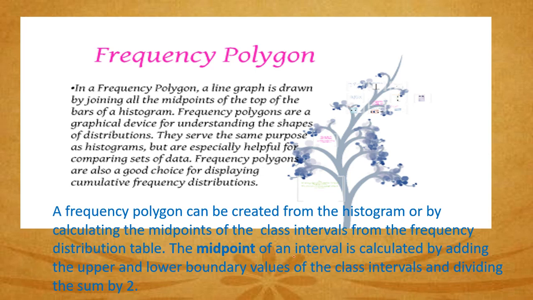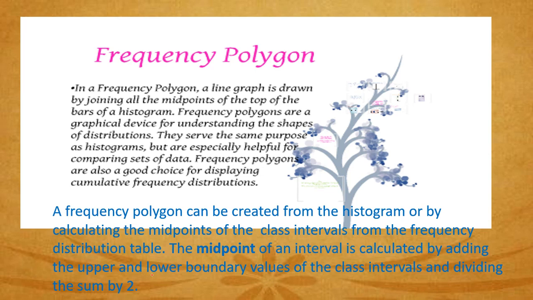The midpoint of an interval is calculated by adding the upper and lower boundary, or we can say limit, values of the class interval and dividing the sum by 2. So in this way also we can draw the frequency polygon.